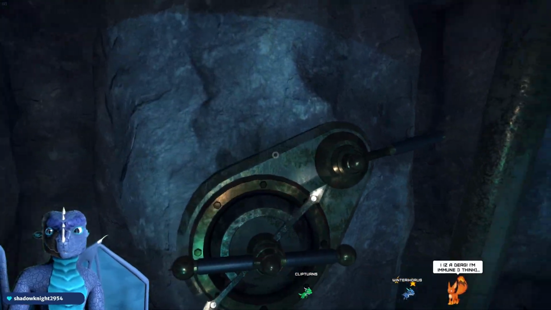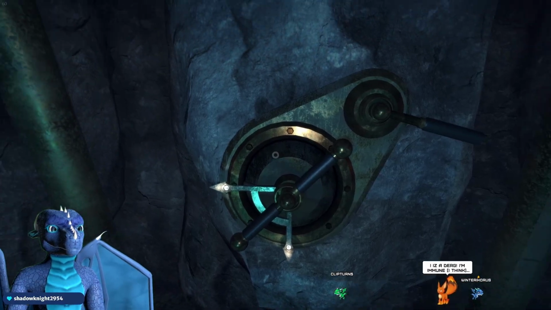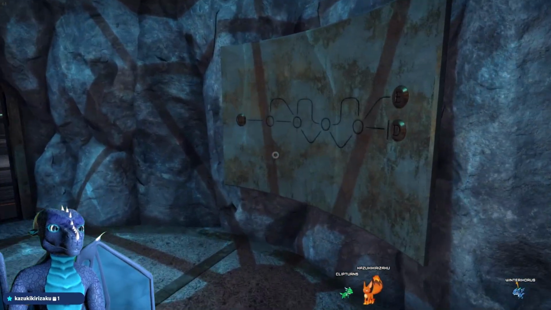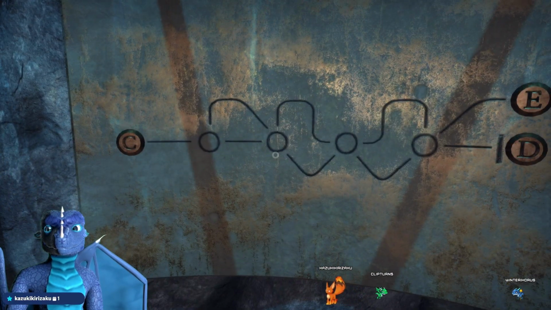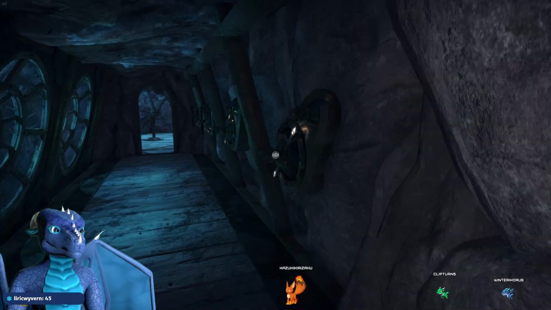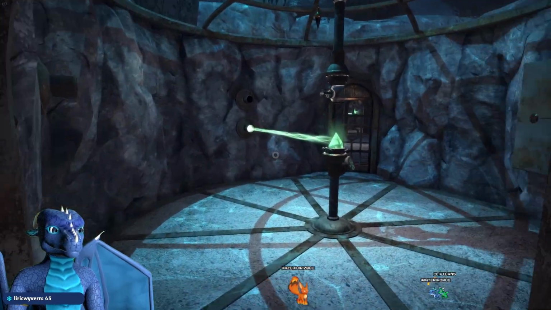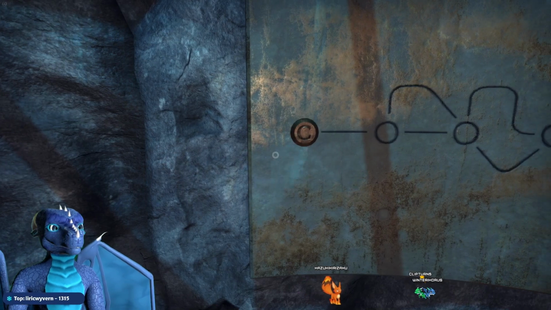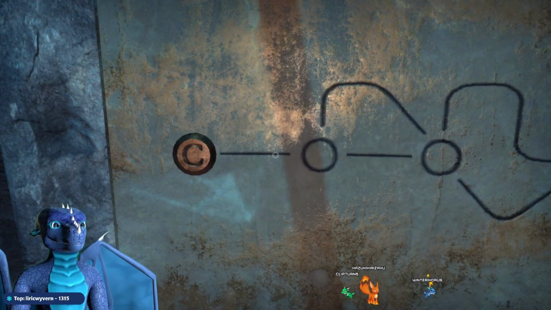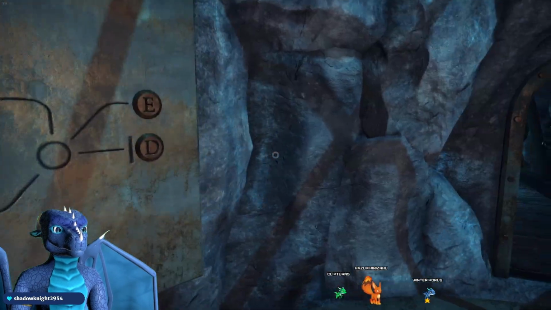So this one needs to be like that. This one is a straight line going from top to bottom. It's already in the correct orientation. And then this one needs to be a right angle going from side to top. Going from C to top.